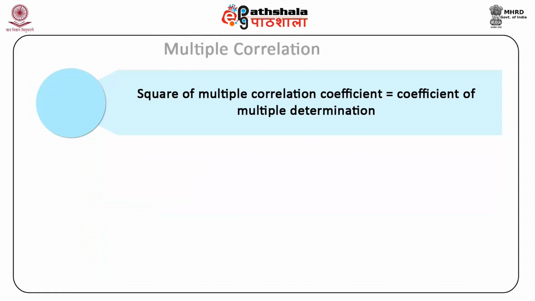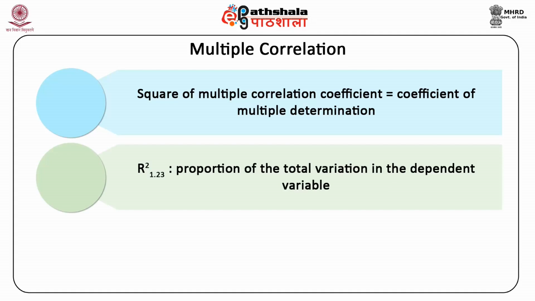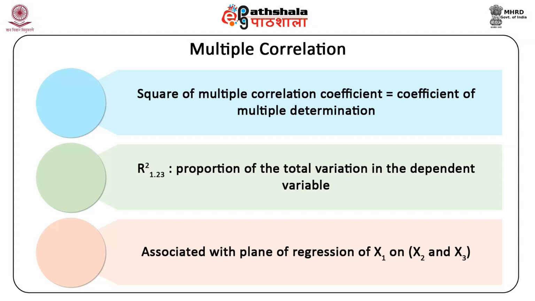The square of the multiple correlation coefficient is known as the coefficient of multiple determination. In particular, the coefficient of multiple determination corresponding to the multiple correlation coefficient R1.23 is denoted by R square 1.23 and may be interpreted as the proportion of total variation in the dependent variable that is explained by or is associated with the plane of regression of x1 on x2 and x3.